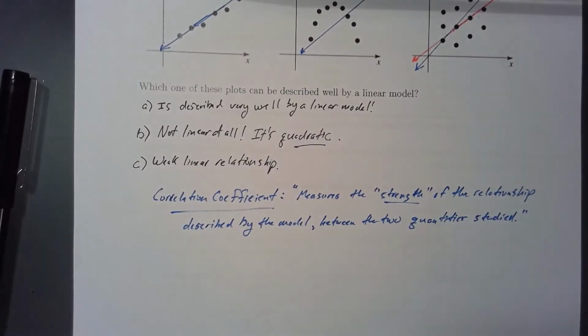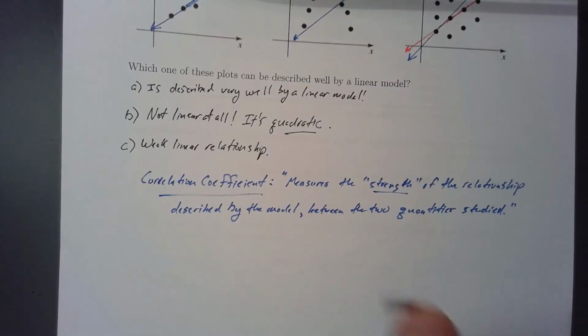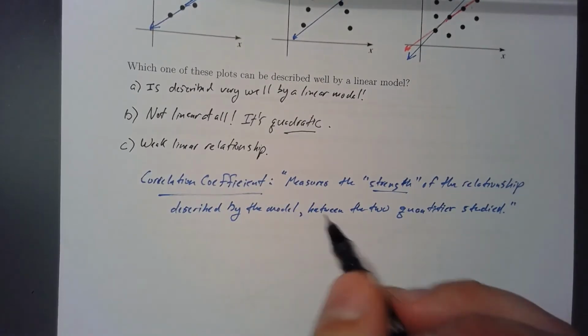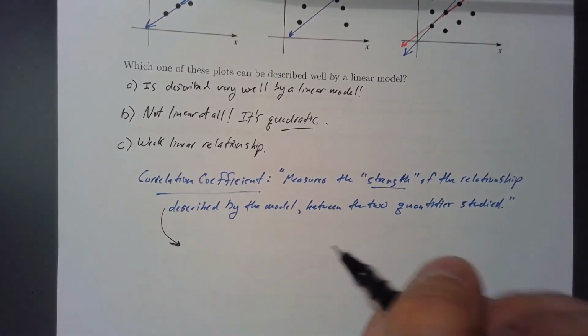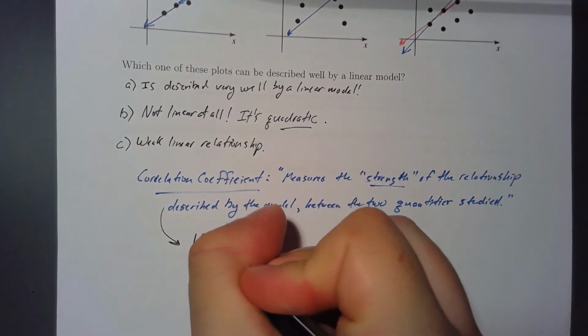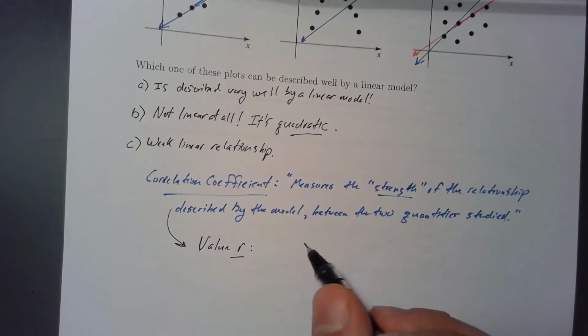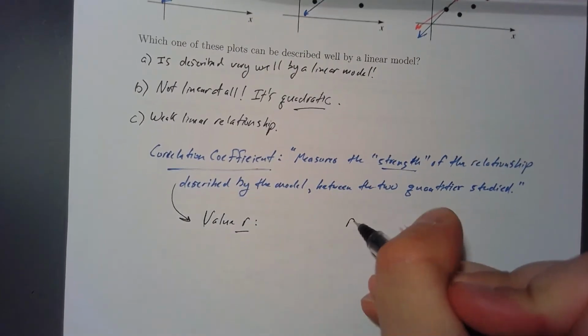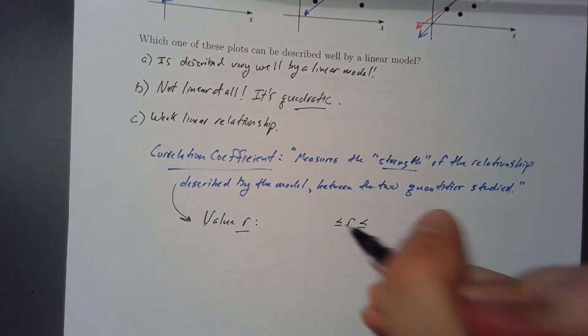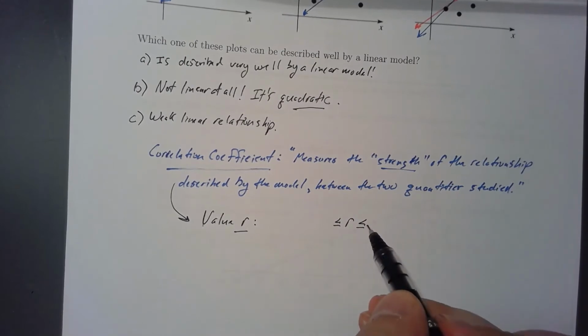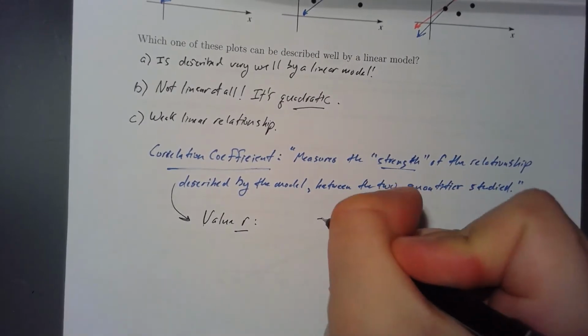It's not a big deal if you don't see it in this course, but this linear correlation coefficient is described by the value R. It takes a value between -1 and 1. Here's the inequality symbol again. R is caught between +1 and -1.